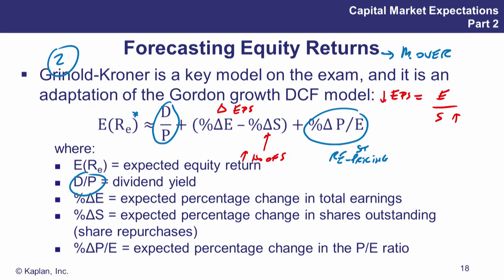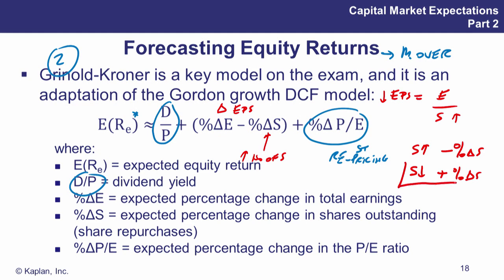So the sign in this depends on if the number of shares is going up. So guys, if the number of shares is going up, in the formula, you have a minus coming in here, minus the change in the number of shares. But if the number of shares is actually falling here, we actually have a repurchase. They're buying back the shares.